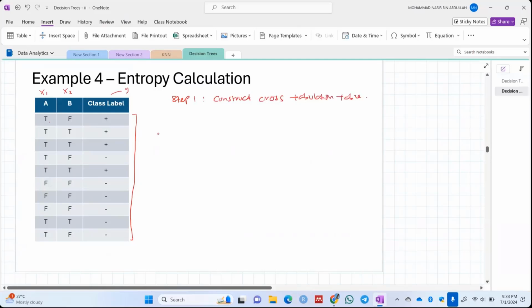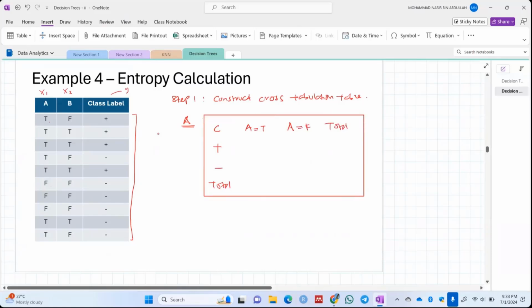For variable A, we have A equal to true, A equal to false. Maybe I put A equal to T, A equal to F, and this is total. And for class, we have positive class, negative class, and total. So this is the cross tabulation table.